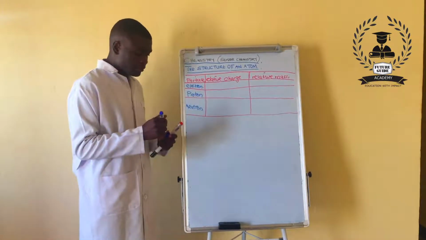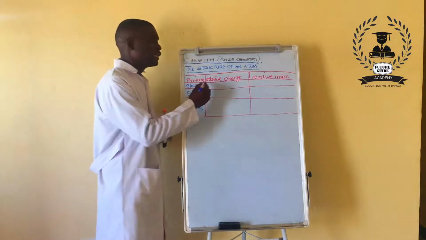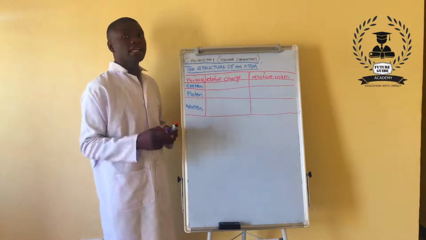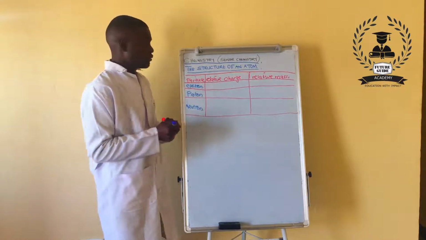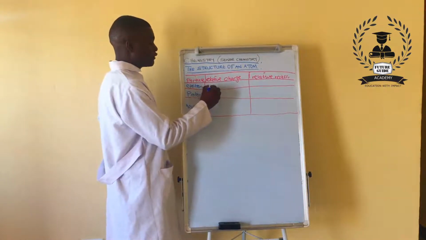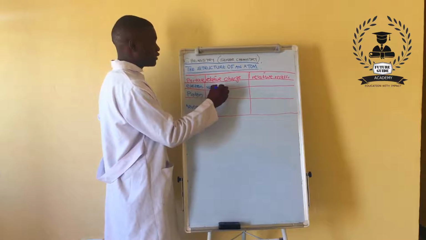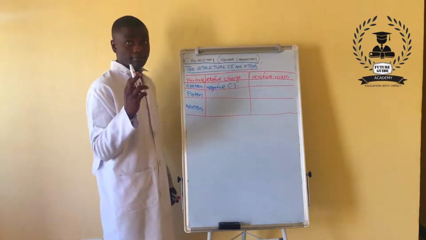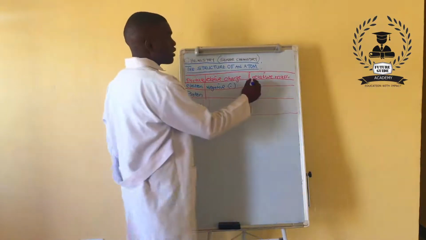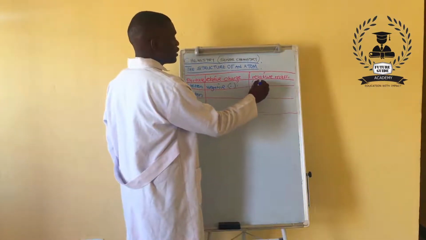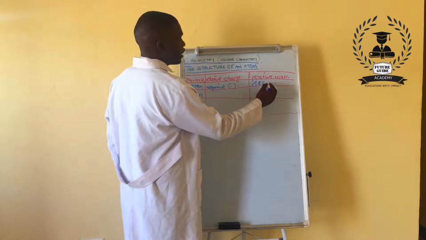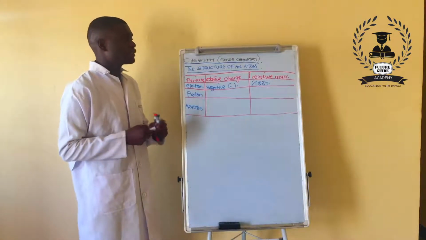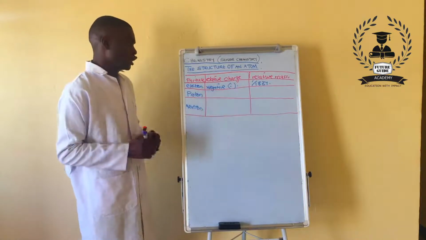When we are talking about the relative charge of an electron, it's always negatively charged. So the charge of an electron is negative, always. Relative mass, mainly it's 1,837. That is the relative mass of an electron.